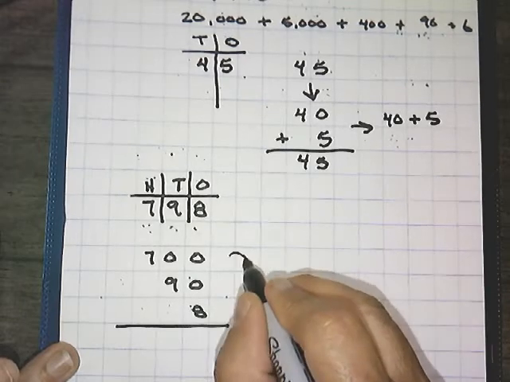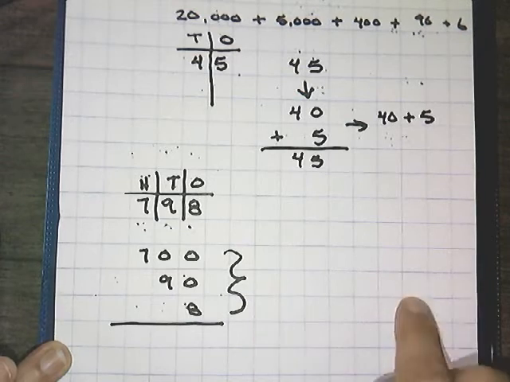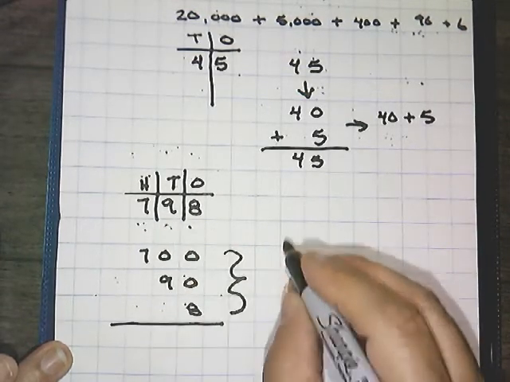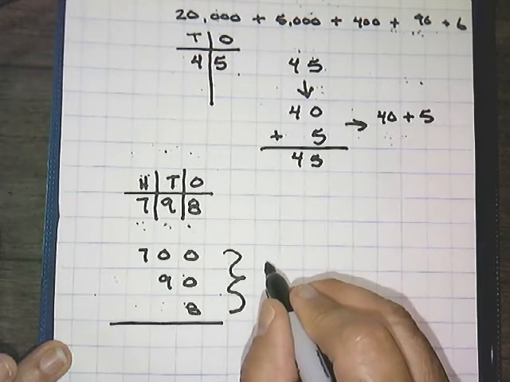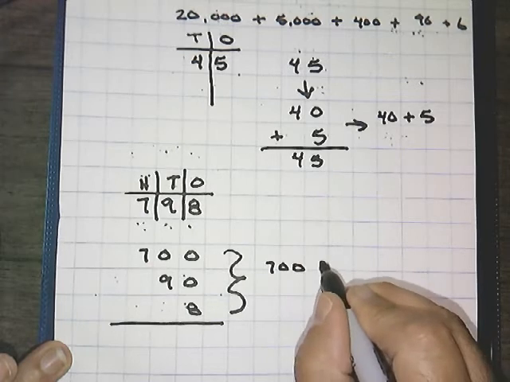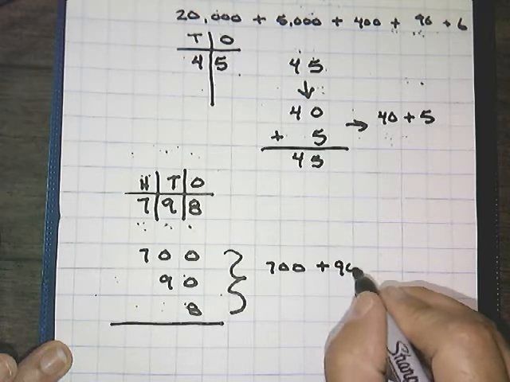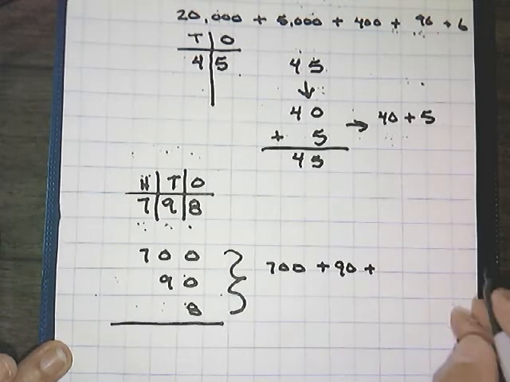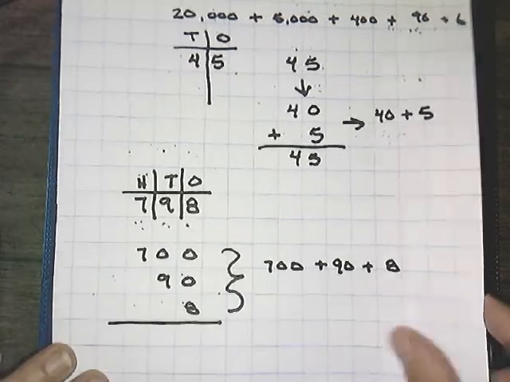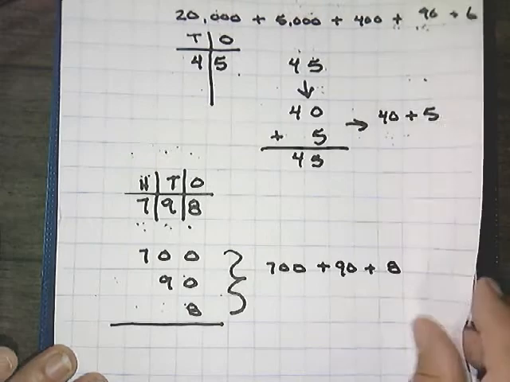Expanded form is typically written from left to right. So 798 in expanded form, the answer would be 700 plus 90 plus 8.